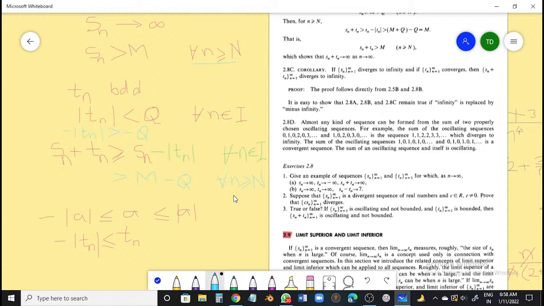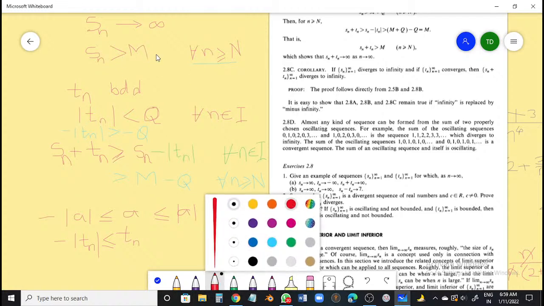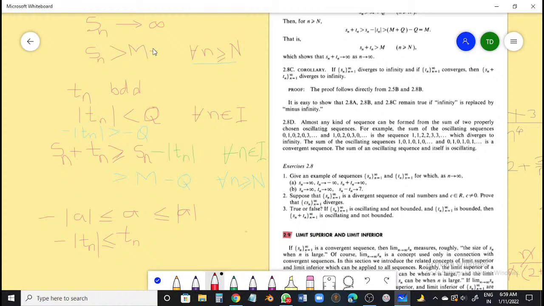So if I combine both the results, it will be after crossing this particular value. So what have we got? Sn plus Tn is greater than m minus Q. If I want to get rid of this minus, we will go slightly up and say Sn is greater than m plus Q. This is fine.